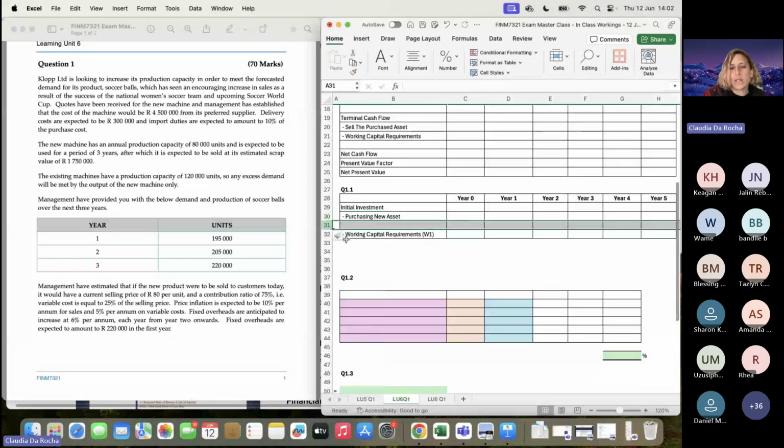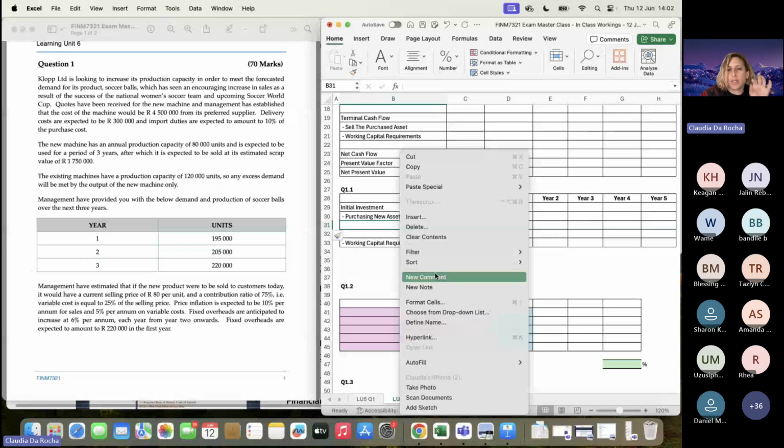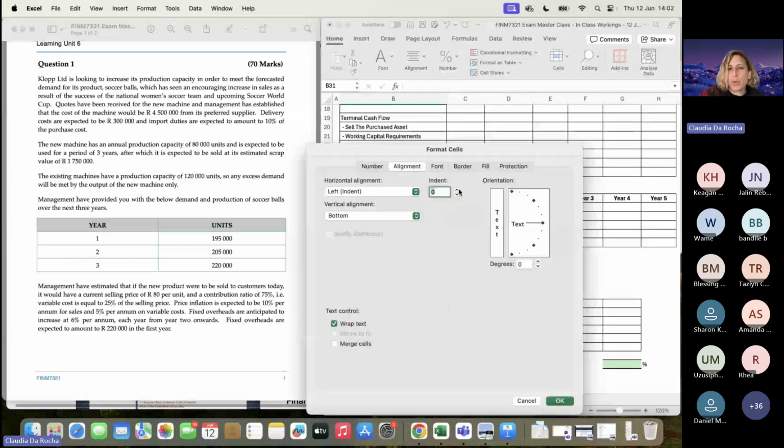Normally you can just do a little calculation. I'm just going to note down all the different costs here just to help us. Obviously, if you did a little calculation, that would also be completely acceptable.